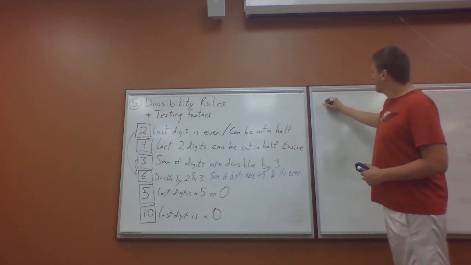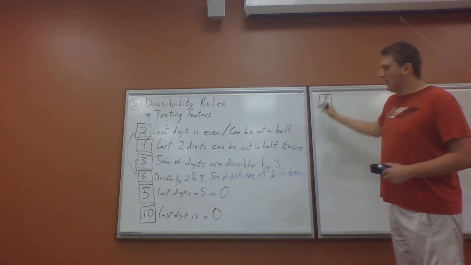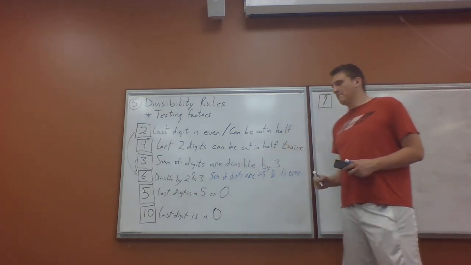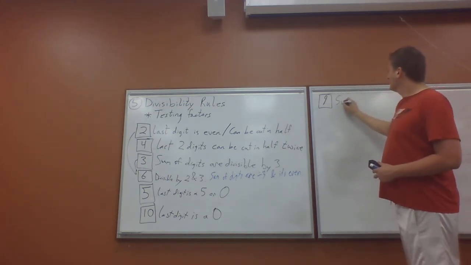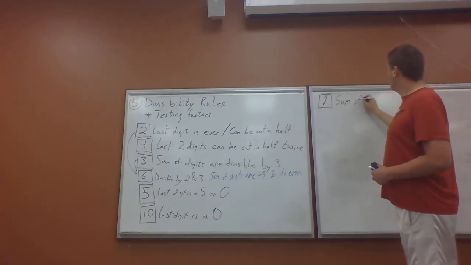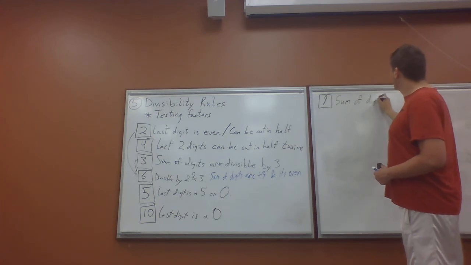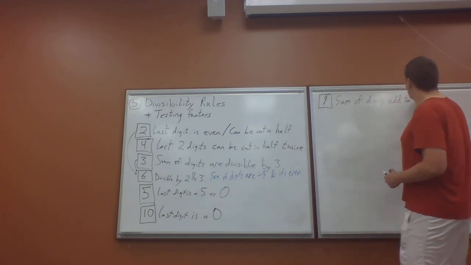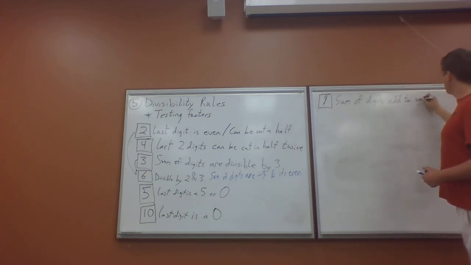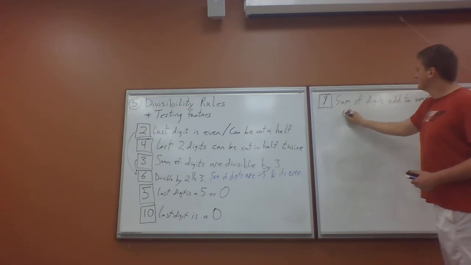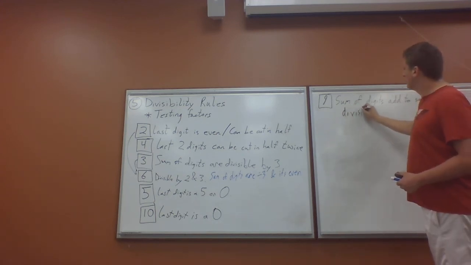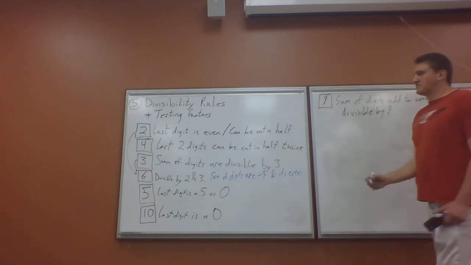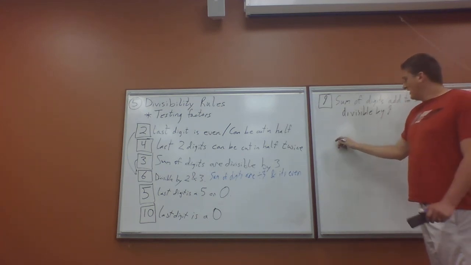The only other rule I want to go over is 9. It operates very much like 3. So the sum of digits add to something divisible by 9. For example, 9 times 9 is 81.